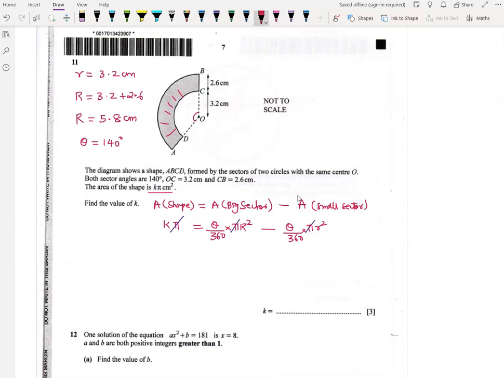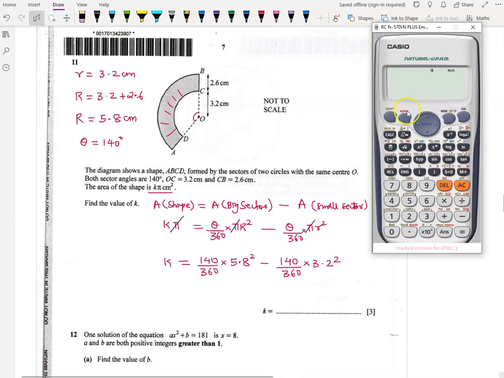Now we'll substitute the values. So we have K equal to theta is 140 by 360 times radius of the big sector is 5.8 square minus 140 by 360 times radius of the small sector is 3.2 square. Now we need to put this in the calculator and get the value of k.